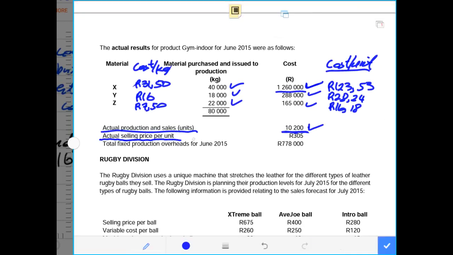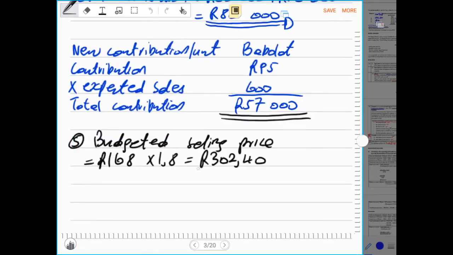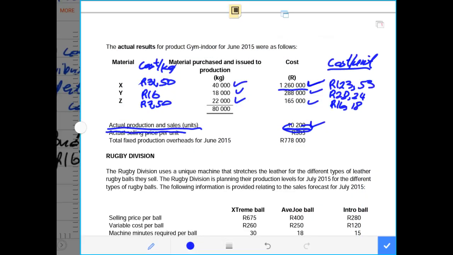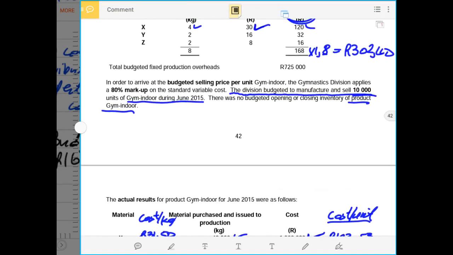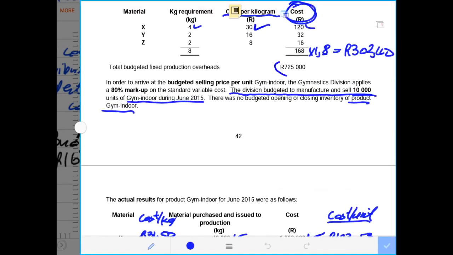Actual selling price per unit is 305 rands, and we have calculated our budgeted selling price, which was 302 rand 40 cents. So we can see that there is already a variance regarding this question. Then we have the total fixed production overheads, which is 778,000, of which previously we had budgeted fixed cost of 725,000.